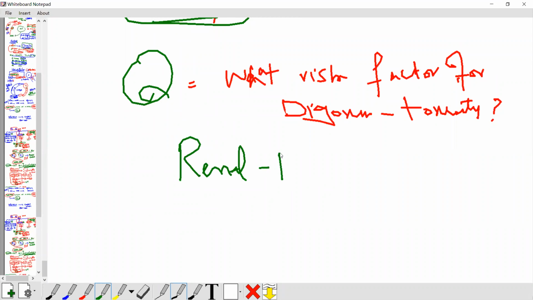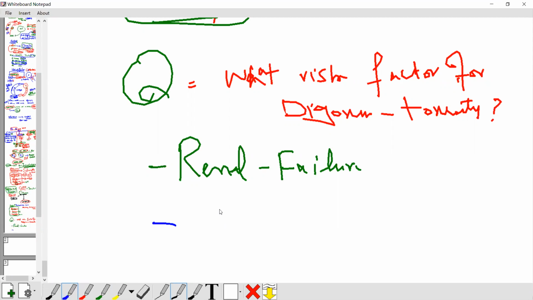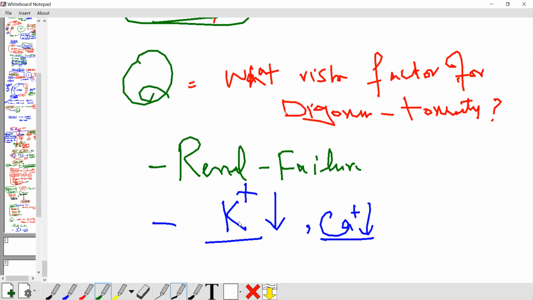If the patient already has a kidney issue, digoxin can be toxic. If the patient has electrolyte imbalance, if the patient has low potassium, low calcium, hypokalemia, hypocalcemia, electrolyte imbalance, it's also very important.